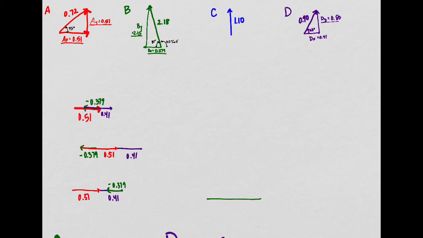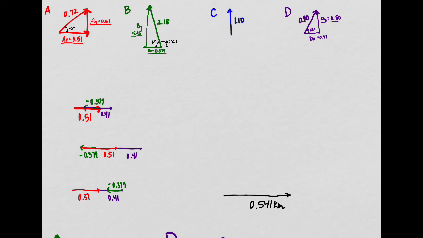And when we do, we get a horizontal vector in the eastward direction that is 0.541 kilometers long.